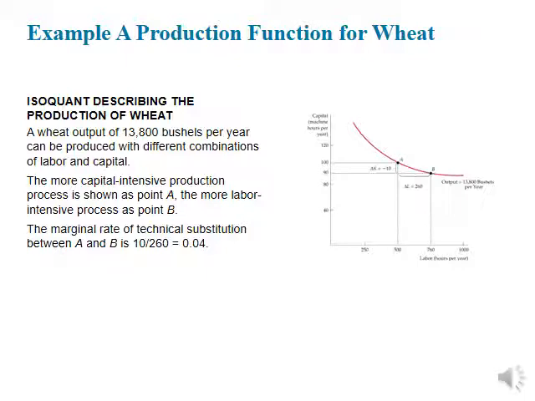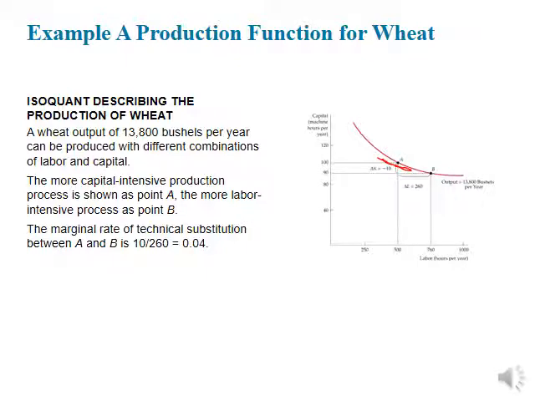But what we see is, at point A, a much more capital-intensive process, where we're using 100 units of capital, and it has a relatively steep MRTS.